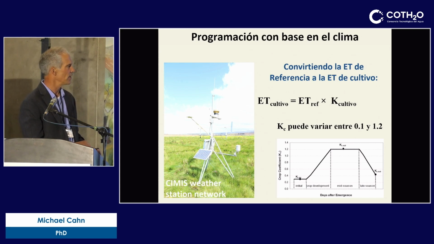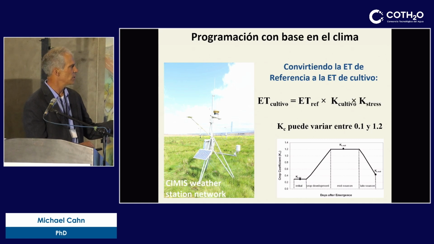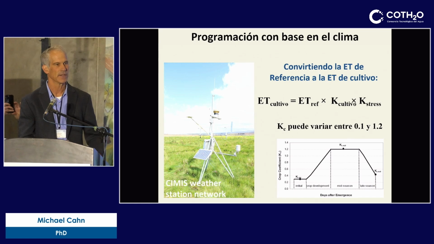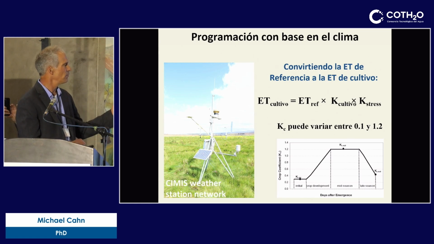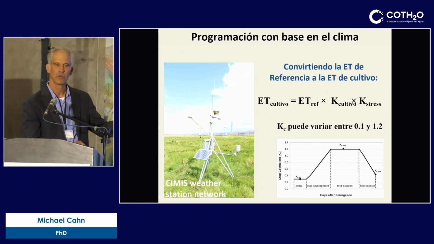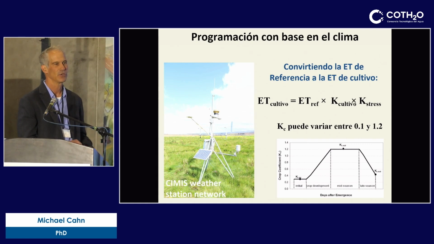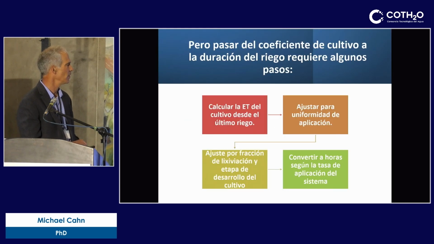And then in vineyards, that crop coefficient might be adjusted for implementing some deficit or water stress to the crop to optimize the quality of the grapes. And so figuring out these crop coefficients is a little complicated, and when I've interviewed growers, they're not quite sure what's the right crop coefficient to use. And so having good models of that is very important to make that work.